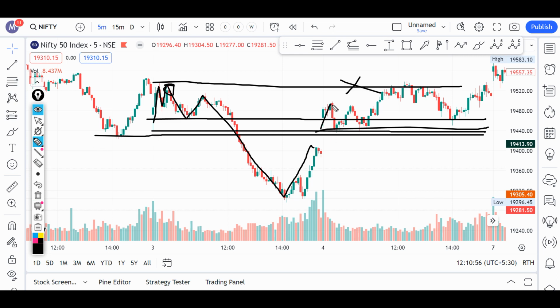So I should not enter, or anybody should not enter into any positions till I see this range breaking somewhere. Firstly, the important thing is it has come to these two levels. These are two important levels, right?